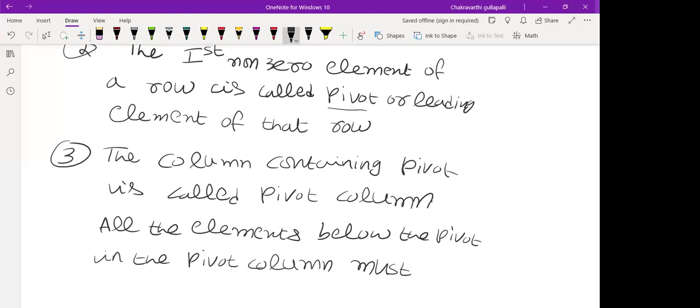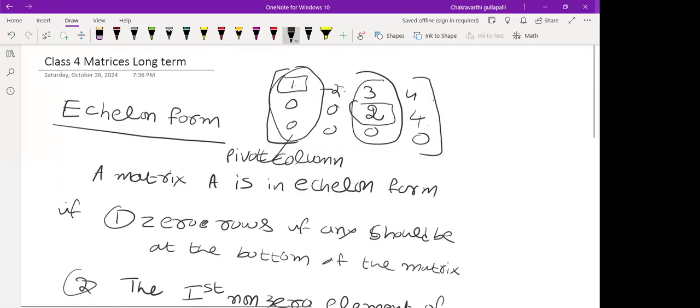Above need not be 0, but below the pivot in the pivot column must be 0. So the column containing the pivot is the pivot column, and in this pivot column, below the pivot, everything should be 0.